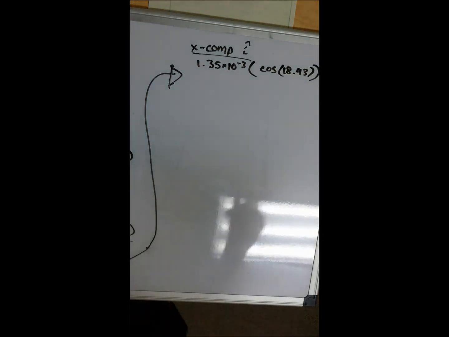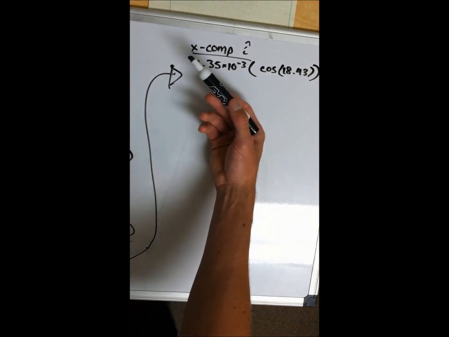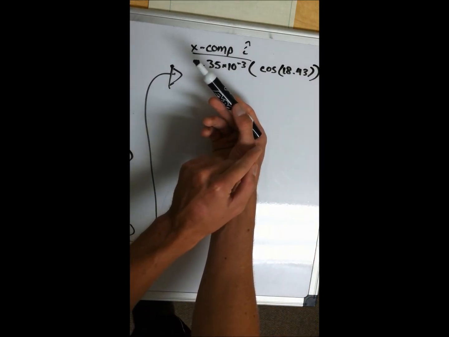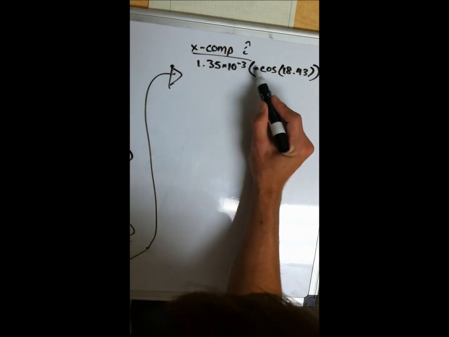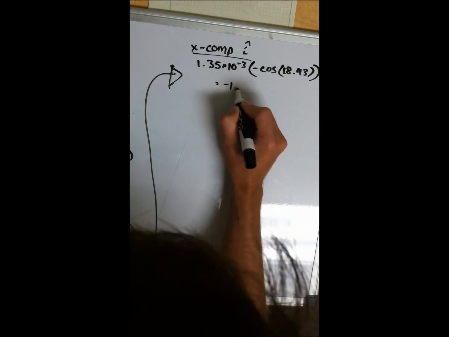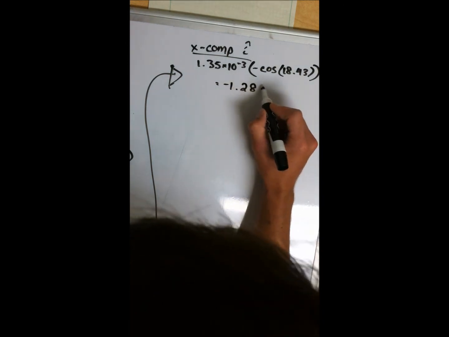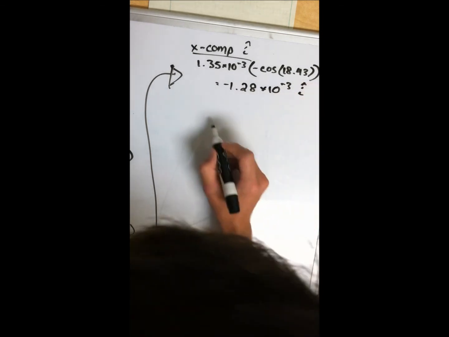However, we know that this diagonal vector is going up and to the left, and because of that, this cosine is going along the negative x-axis, so it needs to be a negative, so we'll apply the negative there. So the x component that we solve for then is going to be 1.28 times 10 to the negative 3, and that'll be in the i hat direction.